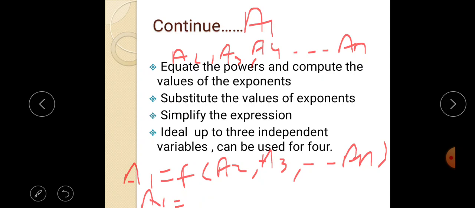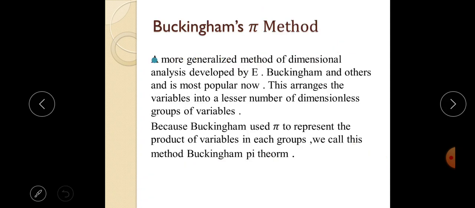So this is again a major disadvantage of this method, and when a disadvantage comes, we shift to the next method. The second method of dimensional analysis is Buckingham's pi method.